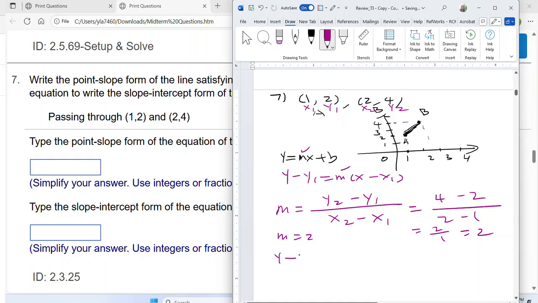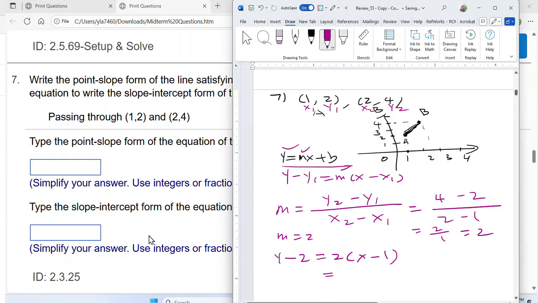That is my point-slope form, which will be your answer A.